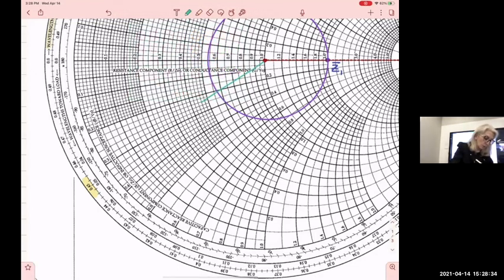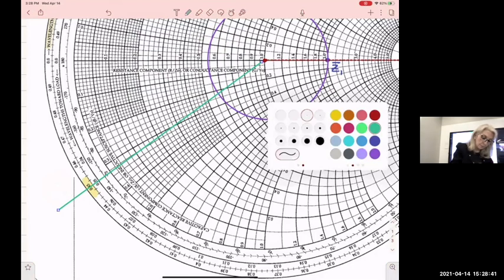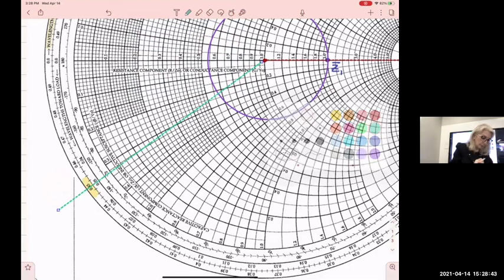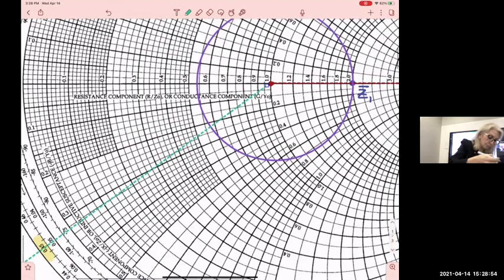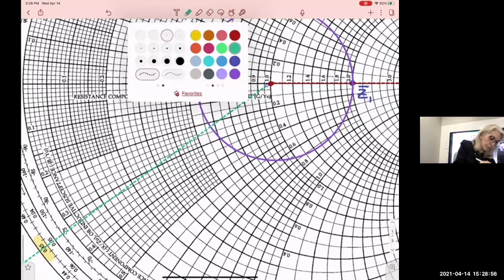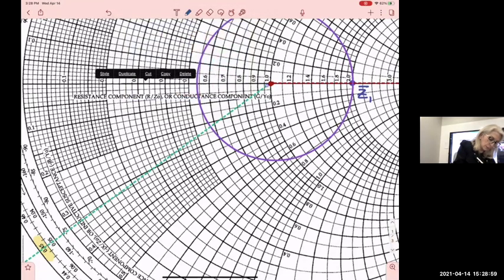And then I see where this line intersects the transmission line circle, which is right here. All right, right at that point.